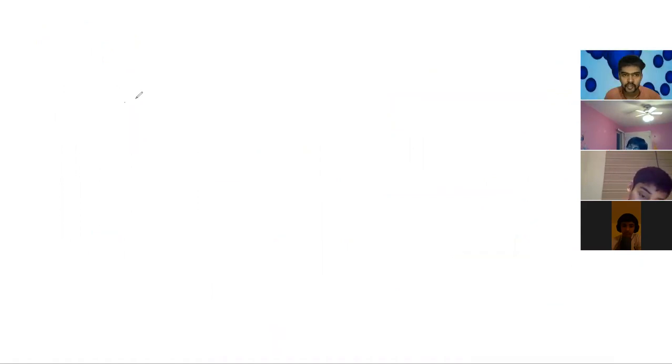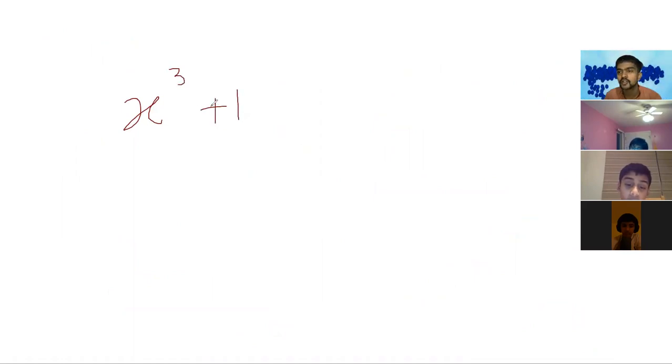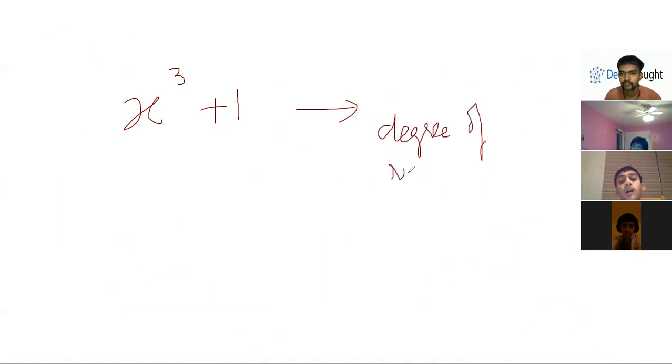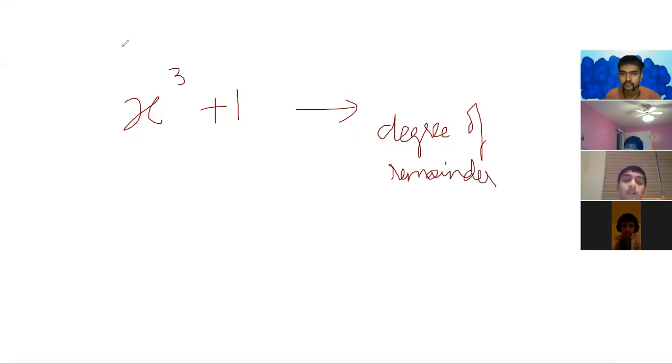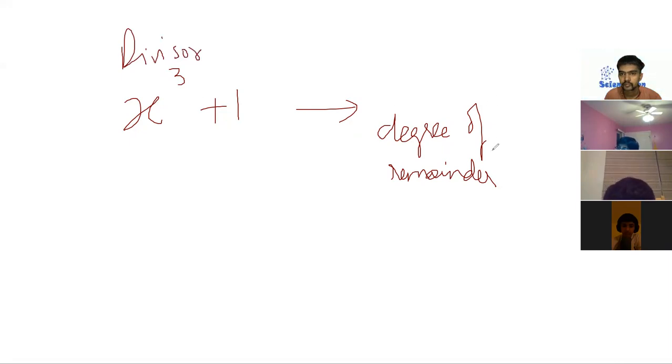Correct. Now, if I have x cubed plus 1, what can be the degree of the remainder? Wait, is this the divisor? I'm confused. Divisor. Then anything less than x squared. x squared or more, it can't be.